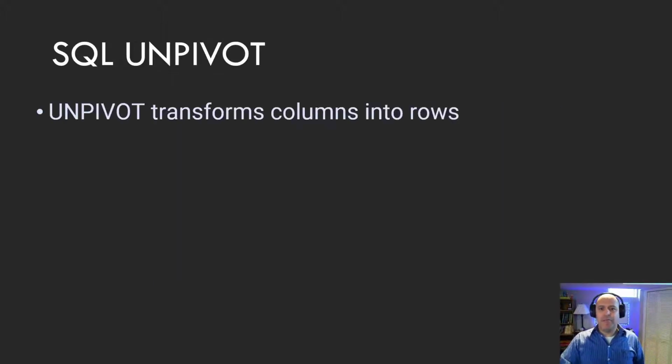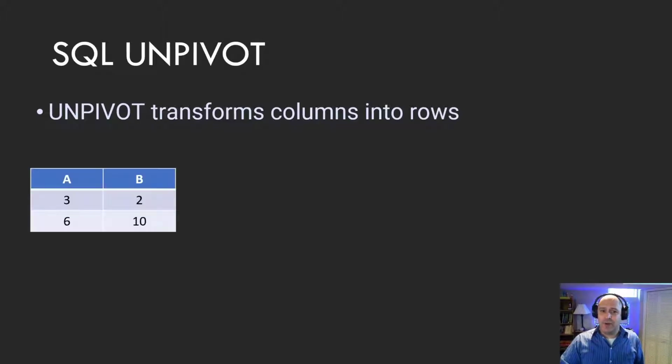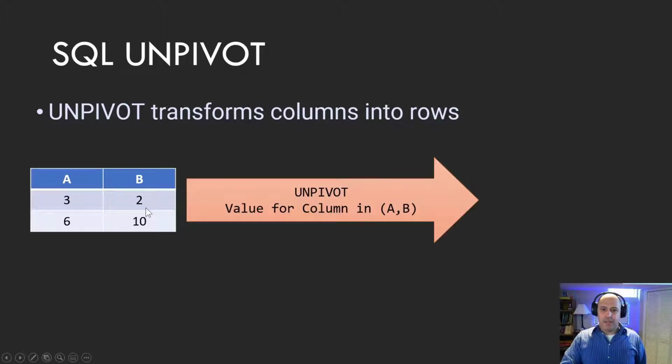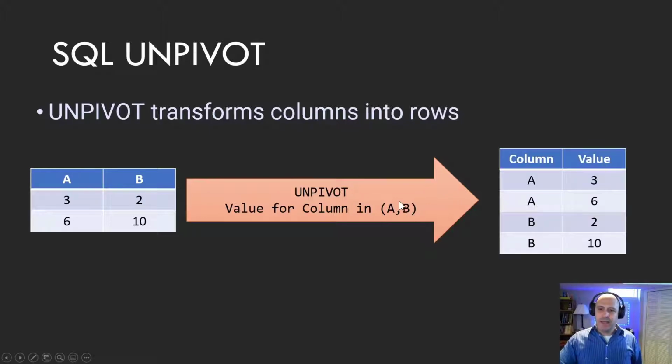Okay, what unpivot does is it transforms columns into rows. So if you had a table like this with columns A and B and these numbers in them, and you said unpivot value for column in A, B, what this would end up doing is for every value in column A, give me a row. So I have A 3, A 6, A 3, A 6.